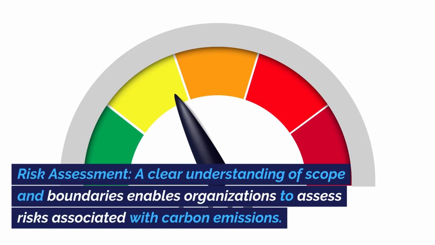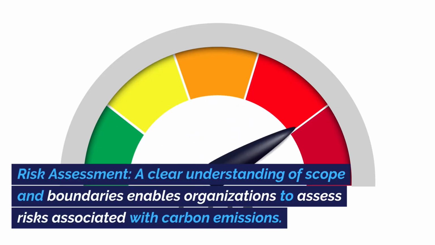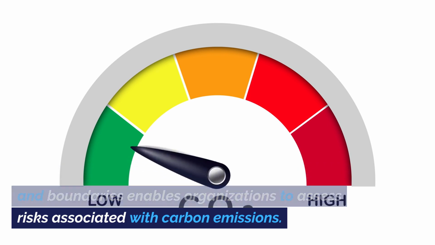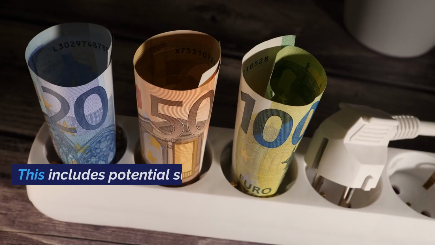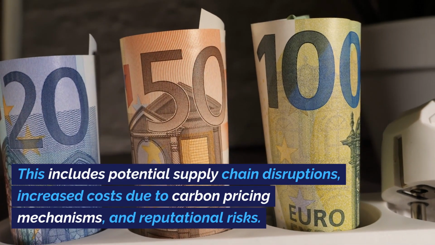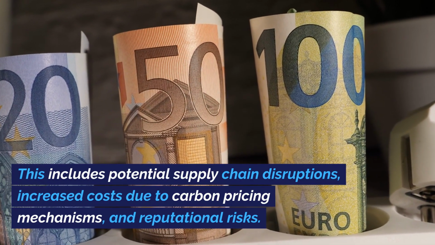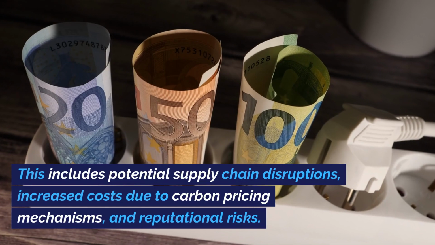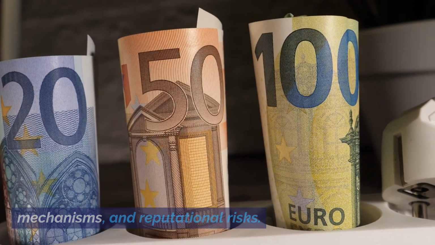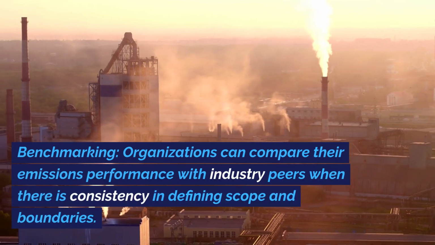Risk assessment. A clearer understanding of scope and boundaries enables organizations to assess risks associated with carbon emissions. This includes potential supply chain disruptions, increased costs and carbon pricing mechanisms, and reputation risk. Also, benchmarking comes in here.